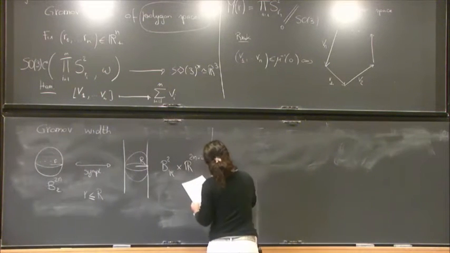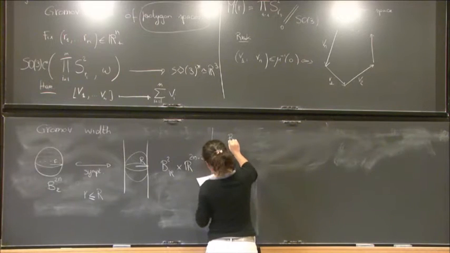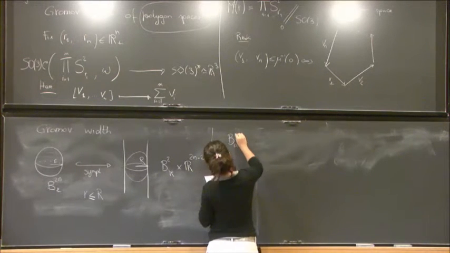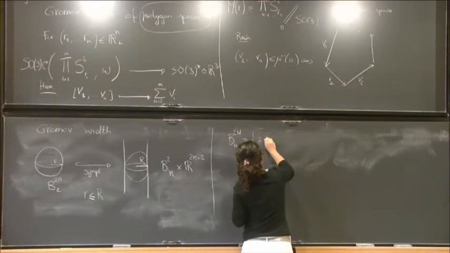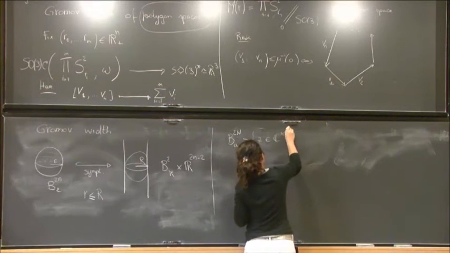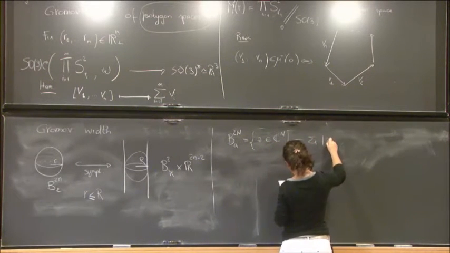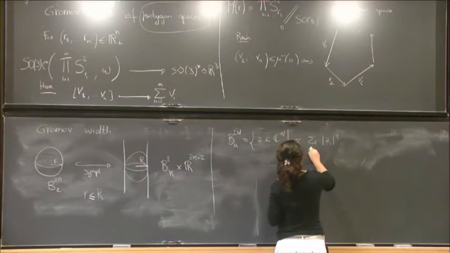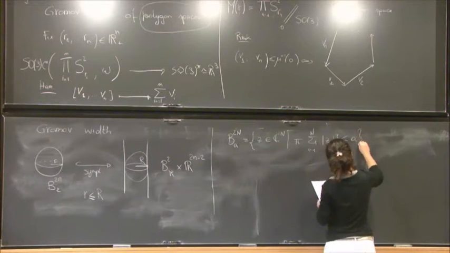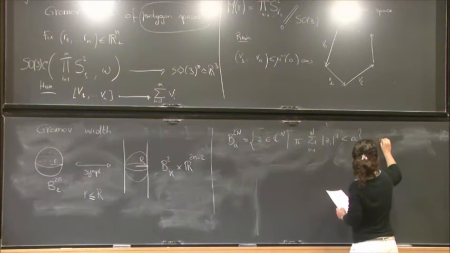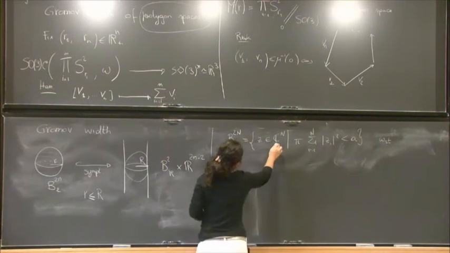Okay, so with this example in mind, I want to define the ball B^{2n}(A), the ball of capacity A, as the set of z in C^n such that π times the sum of |z_i|² over i is smaller than A. This is an open ball. And I want to equip it with the standard symplectic form that it inherits from C^n.